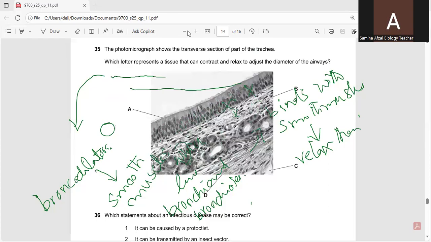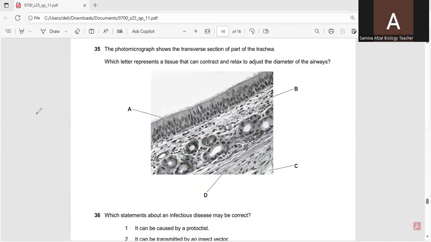Next, question number 36. The photomicrograph shows the transverse section of part of the trachea. Which letter represents a tissue that can contract and relax to adjust the diameter of the airways?